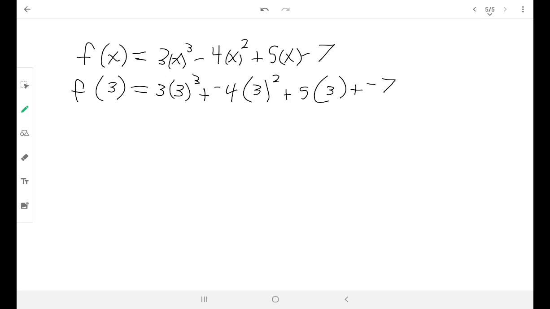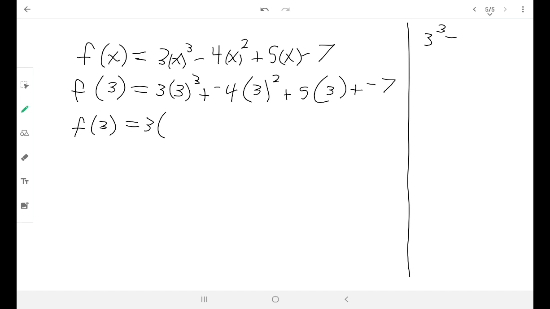And 7, notice on this 7 there are no x's, there are no parentheses that I had to add in, so there's no 3 there. So then f of 3, and that's how you read it, f of 3, is 3 times 3 to the third. Let's have some side work here.